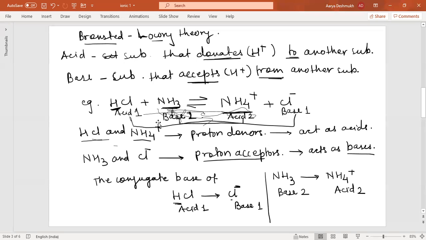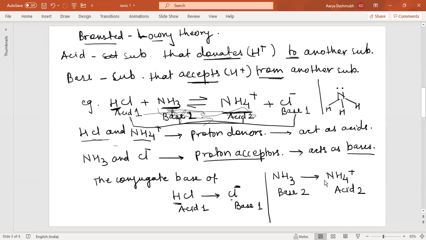Here in the case of NH3, it has a lone pair. We know this. In the case of the ammonia molecule, it has a lone pair on it. I'll write here, this is the ammonia molecule, tetrahedral structure.